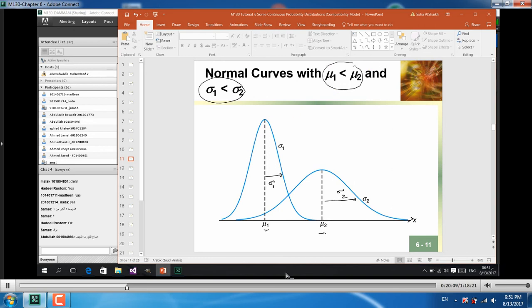So this is the distribution, or this is the bell shape that comes from those two distributions. Pay attention that sigma, not sigma square, shows me the width, the width that I told you about.